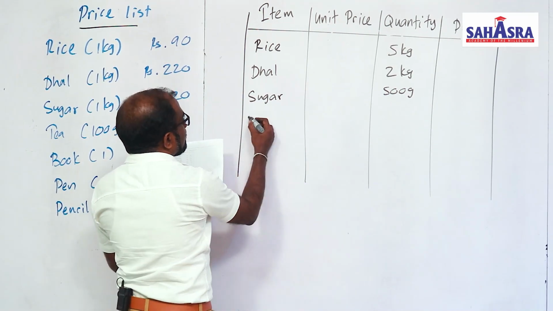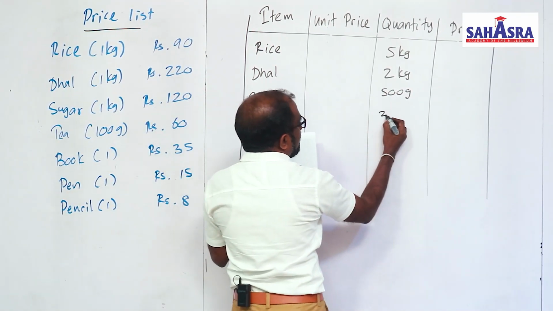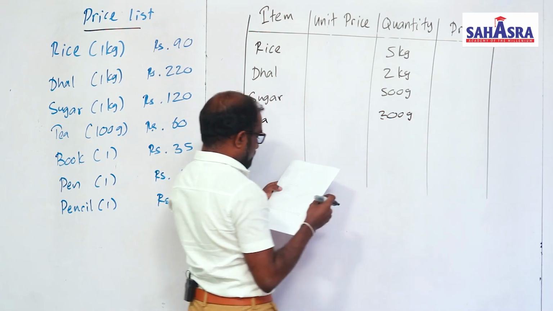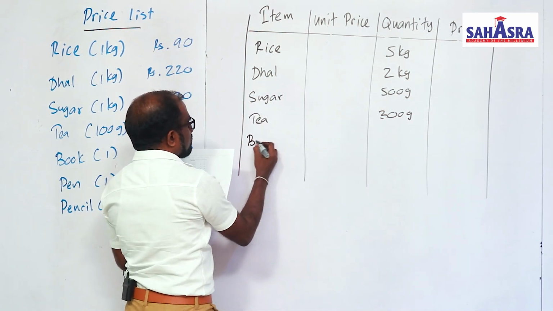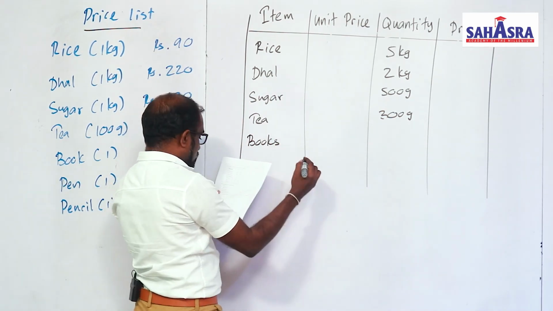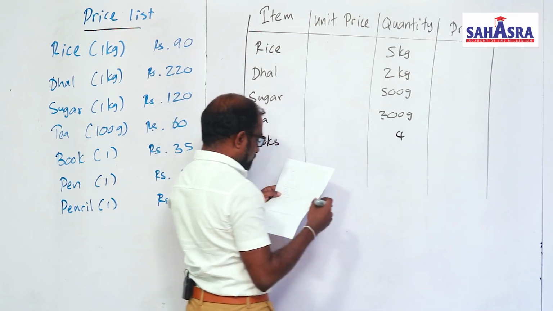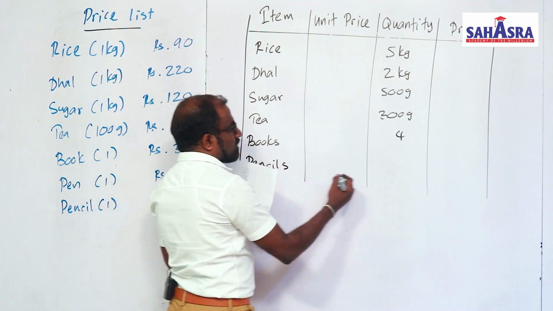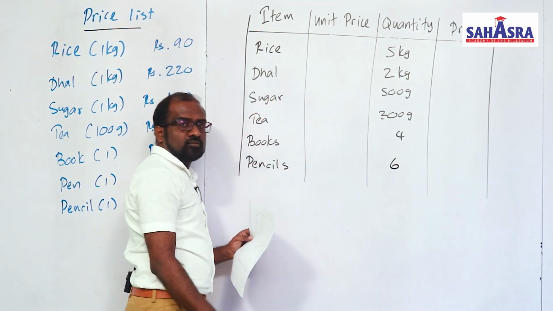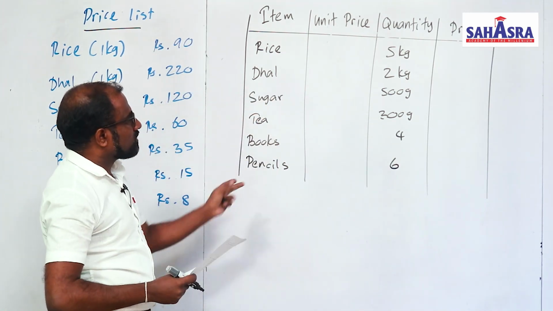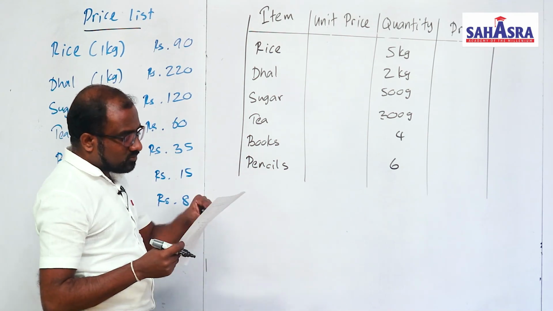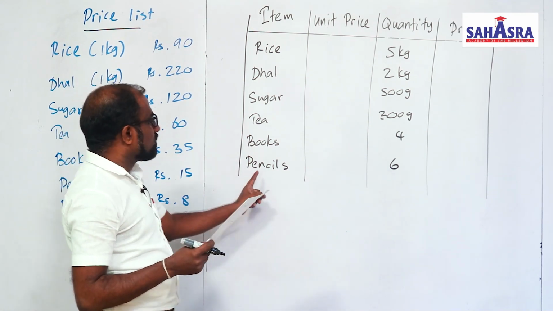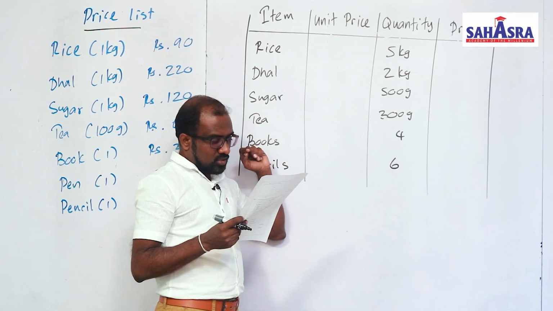Then tea, 300 grams. Then books, how much? The quantity is 4. Then pencils, 6 pencils were bought, right? So item and quantity you can fill using the given list, right?